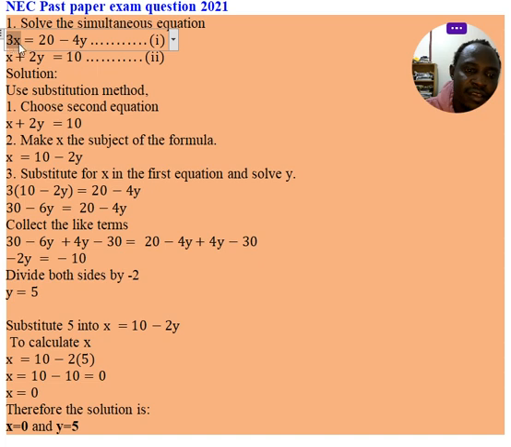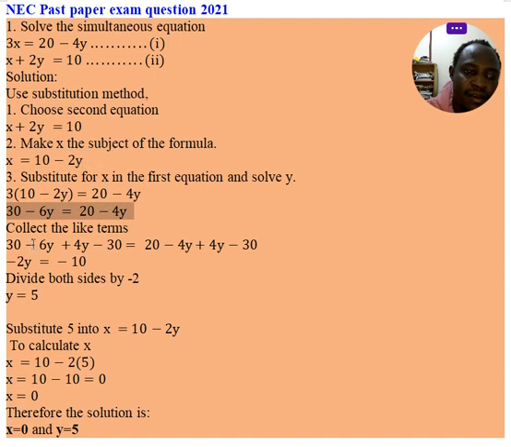We take 3 and x, and we already know that x is 10 minus 2y, so this is why we have this. Now we collect the like terms, we bring the y's together and the constants together. So on this part, we need to take the 30 to the other side, so we have to subtract it on both sides.